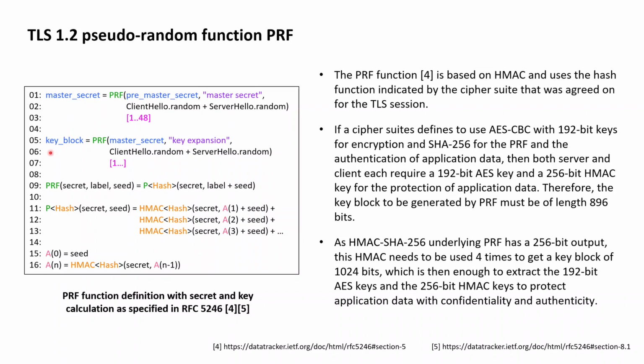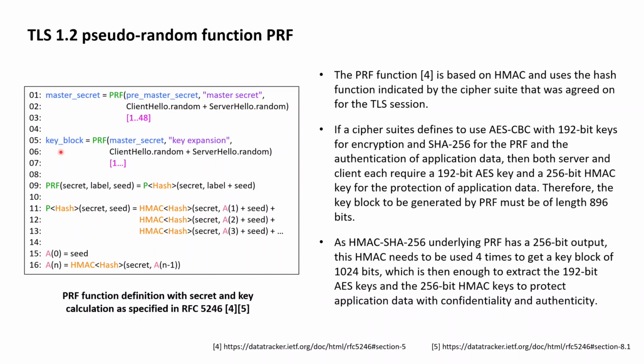The lines 9 to 16 then outline how the pseudo-random function PRF really is just a repeated application of HMAC, with the results of these repeated HMAC applications then concatenated together to form the key block. The key block is then split into various parts to be used either by the client or the server, where the individual parts then form the encryption key and the authentication key used to protect the application data exchanged later on.